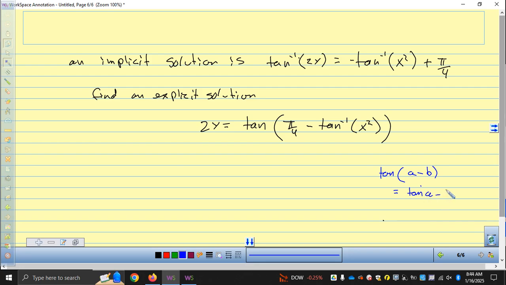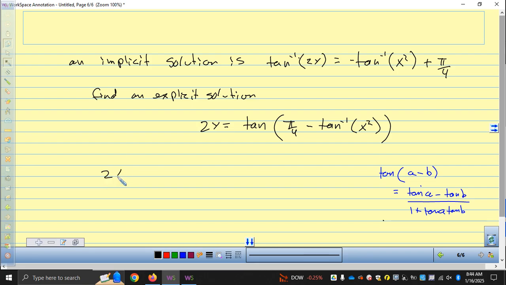Tangent a minus tangent b over 1 plus tangent a, tangent b. Would I necessarily expect you to remember this formula? No. Would I expect you to remember that there is a formula? Yes. Would I expect you to be able to use it if you're given that formula? Yes.